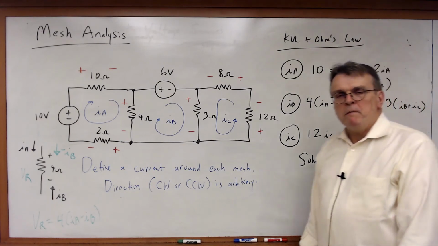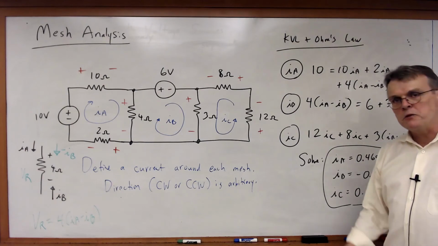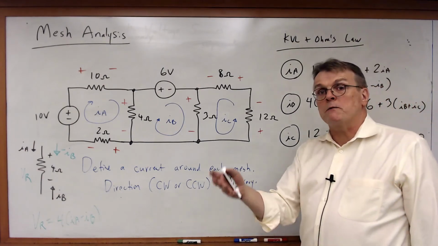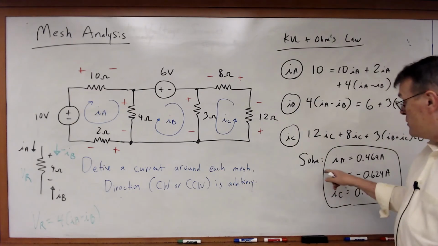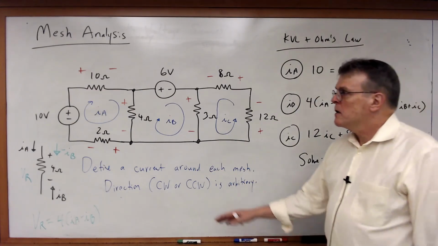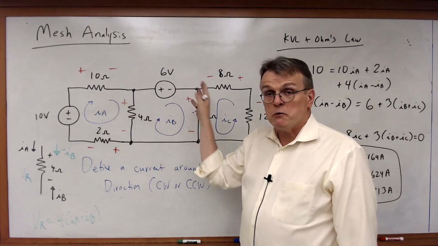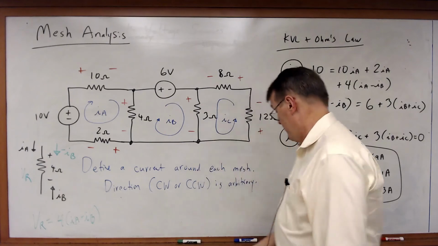Now, the point of mesh analysis is to calculate these mesh currents. Just as the point of nodal analysis was to find the node voltages, mesh analysis is to find the mesh currents. Once we know the mesh currents, all other voltages across each element or all currents through any other element can be easily calculated.